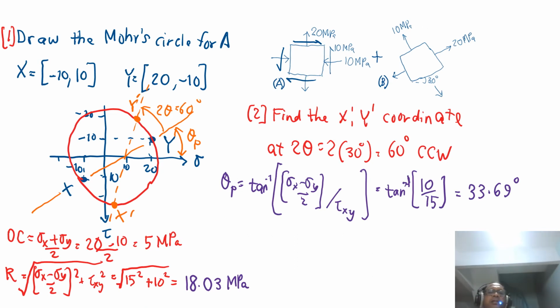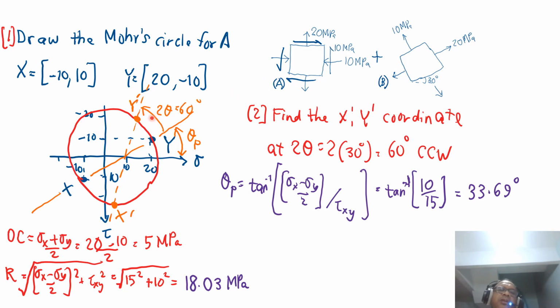So I've done that, the R is equal to 18.03, 15 plus 10 square, made some mistake here, and the OC has been calculated to be 5 megapascal, then R is 18.03 megapascal, and I have to rotate that by 2 theta. So I know this angle is the angle where my stress elements are. Okay, this is where my stress is, although on the Mohr circle drawing it is not horizontal, this is where the horizontal is.